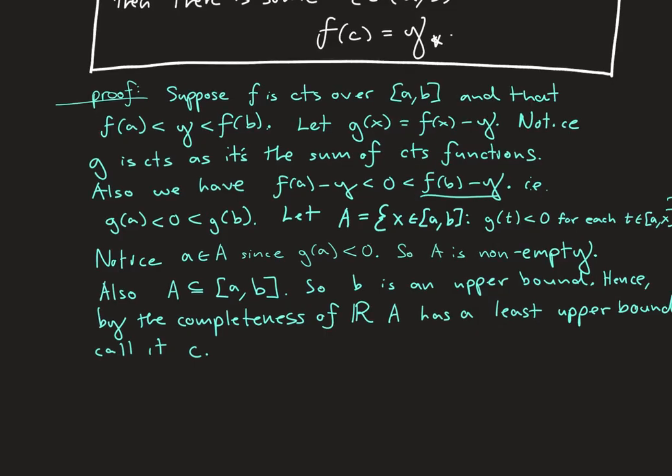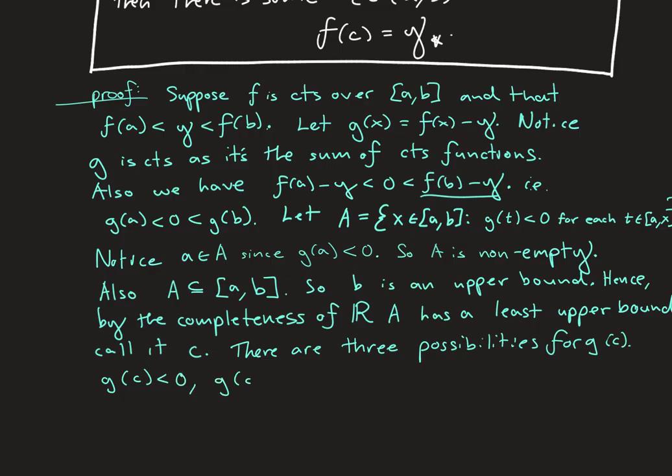Okay, now there are three possibilities for g of C. Either g of C is less than 0, g of C is bigger than 0, or g of C is equal to 0.